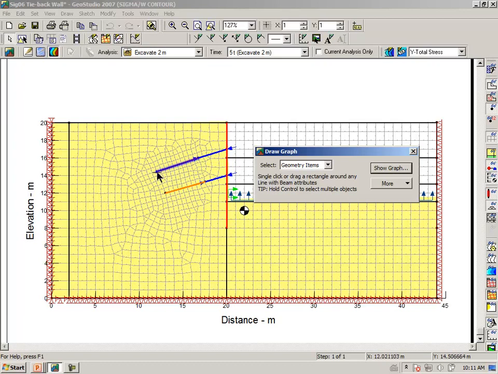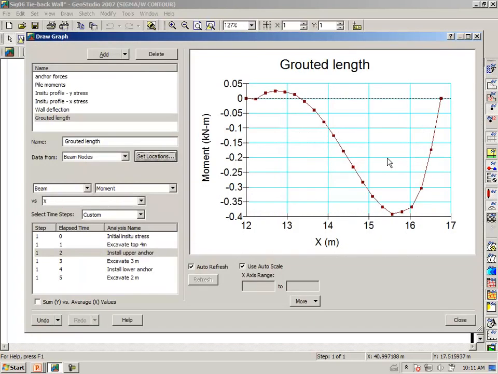So we are going from the far end of the grouted length to the front end where the bar is connected. And here is the moment distribution in the grouted length. The moment distribution is not all that dramatic. It is very small actually.